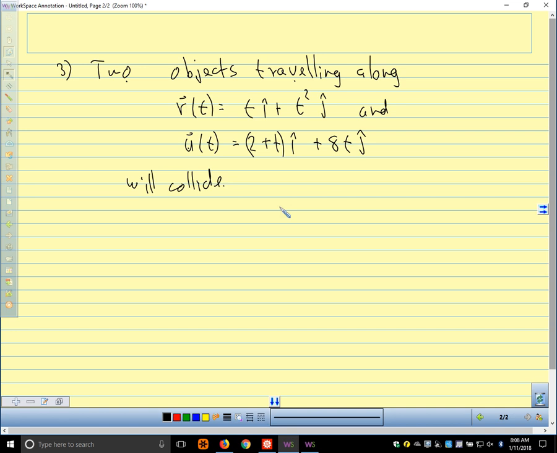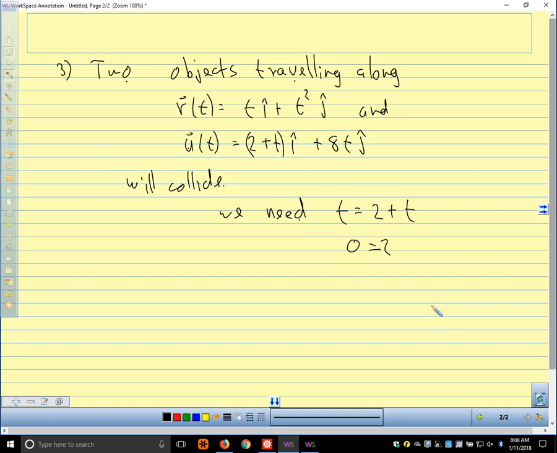The i hats and the j hats have to be the same, right? So we would need the components to be the same at some particular time. So we need t equal to 2 plus t. And what does this tell us? That's no good. 0 is equal to 2.